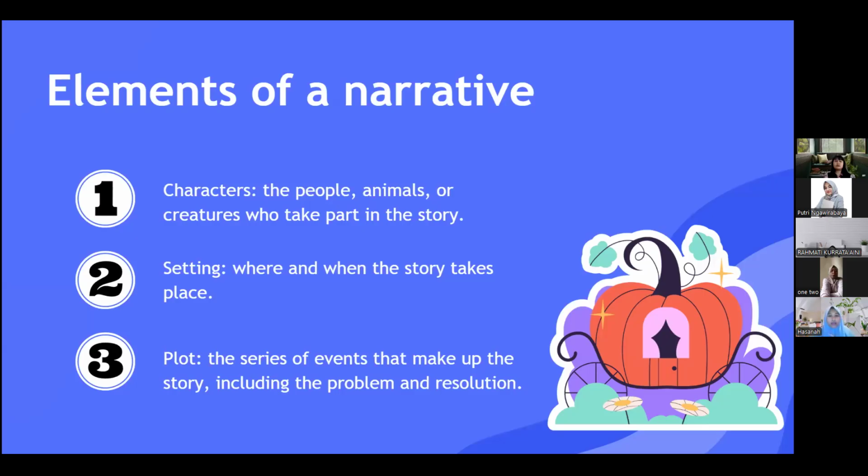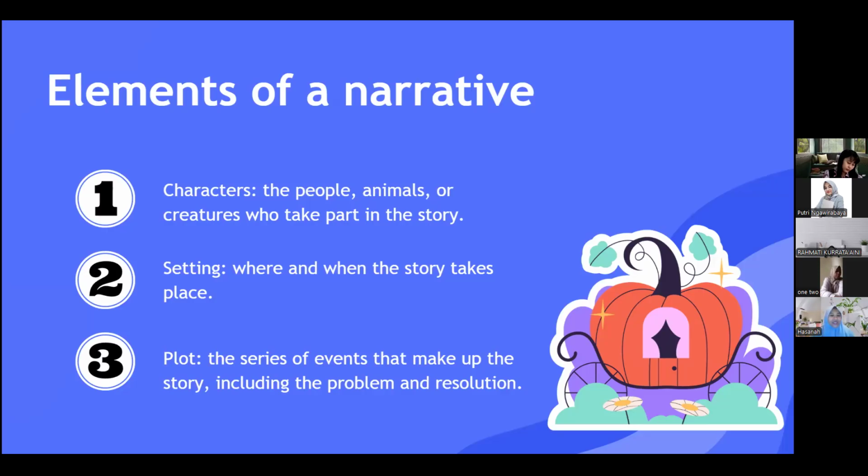Okay, Miss Esther, what are the characters in the Malin Kundang story? The first is Malin Kundang, and the second one is Malin's mother, Malin's wife, and the crew. Very good.